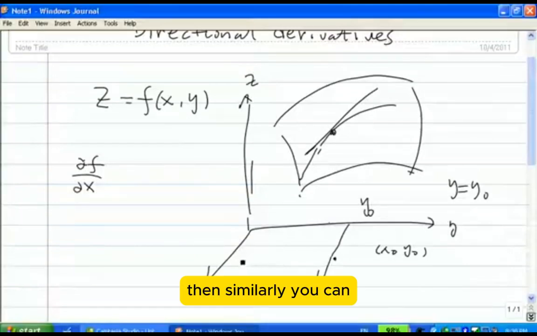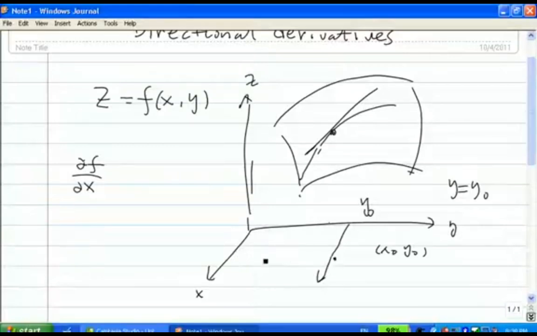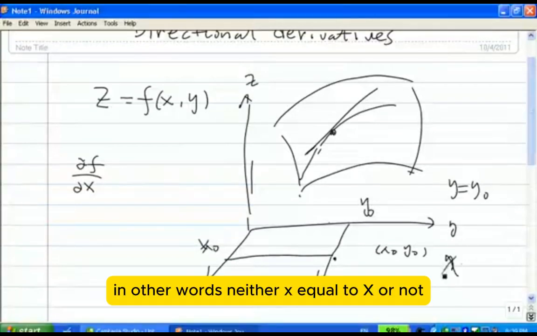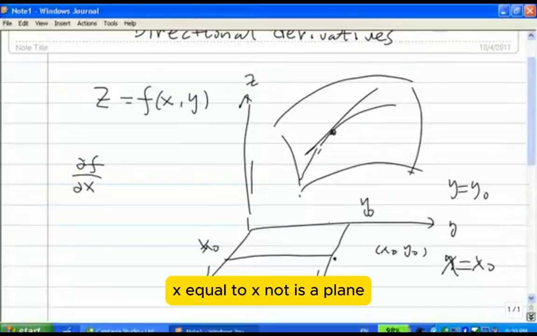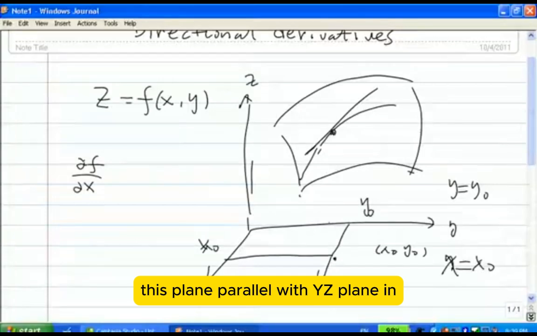Then similarly, you can fix x at x naught. In other words, let x equal x naught. Then you go up and intersect the surface. x equal to x naught is a plane, parallel with the yz plane.